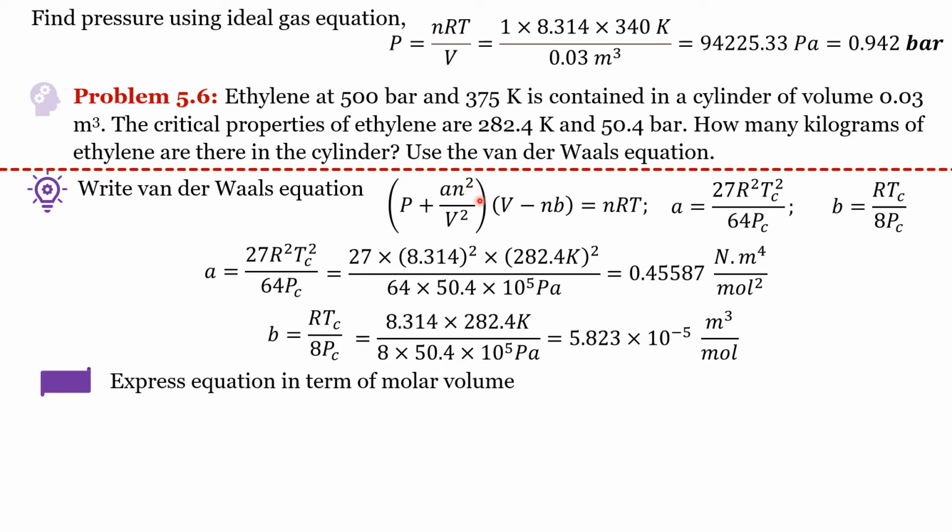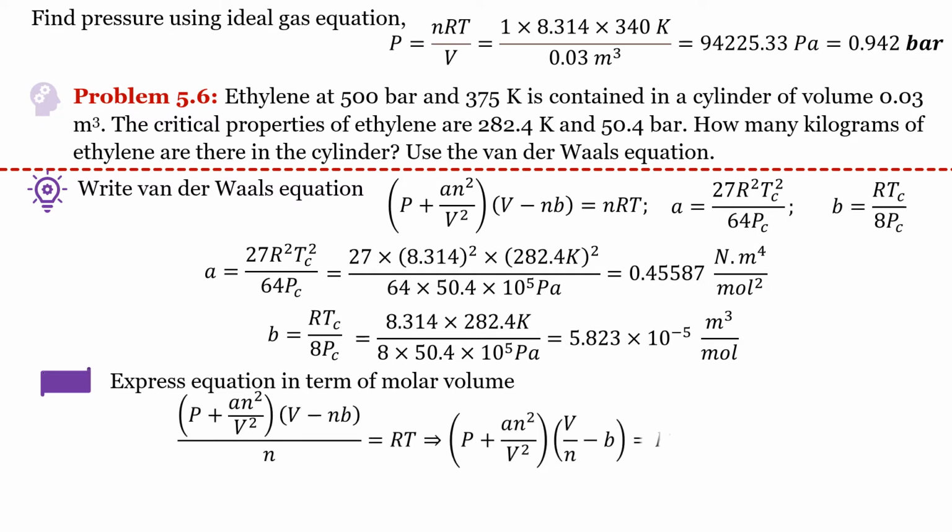So we will take this n² below this V², so it will be V²/n². Then V/n can be written as Vm. So we have just divided this whole term by n, equal to RT.